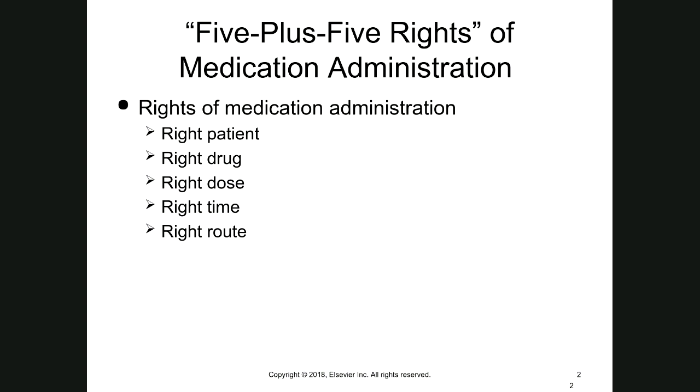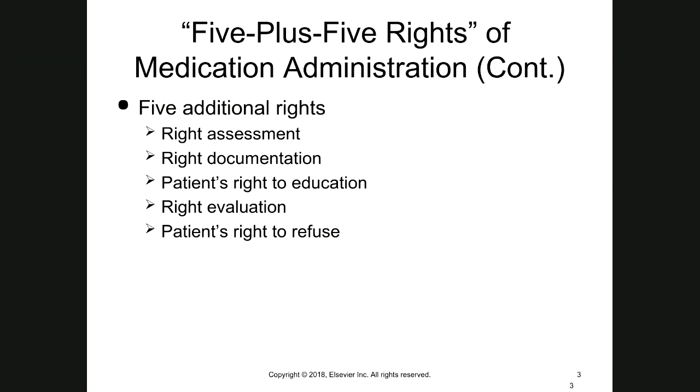And so we have the right assessment, right documentation, patient's right to education, right to evaluation, and the patient's right to refuse. The 5 rights of medication administration are important goals for medication safety.